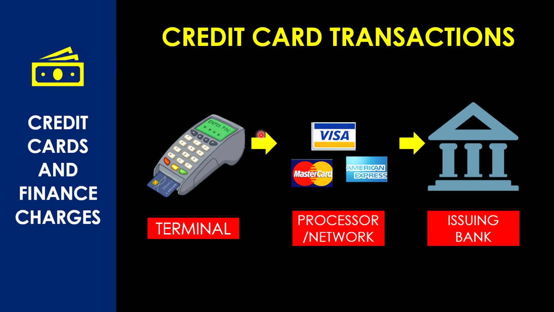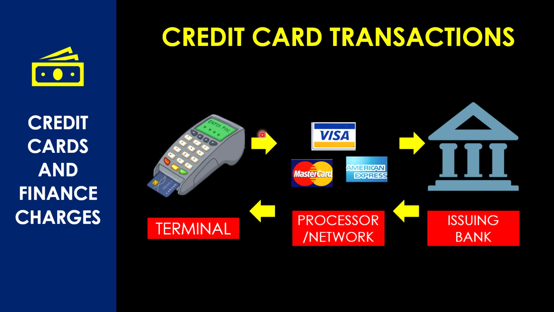They will check the credit limit and the legitimacy of that card, and then it goes back to the processor, the network, and they make a decision, and you'll see if it is accepted or not in this terminal. Okay, it's a matter of a few minutes whenever you purchase a certain product.